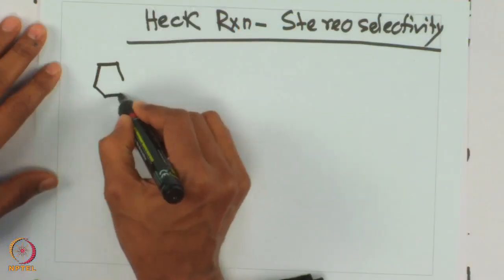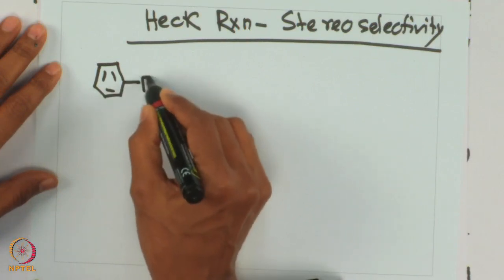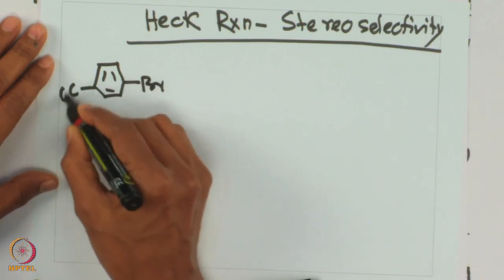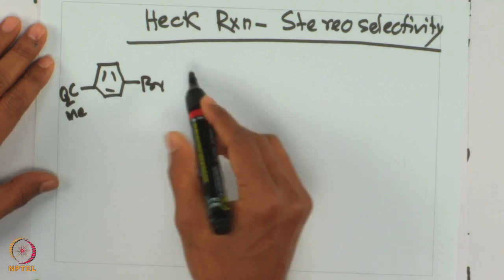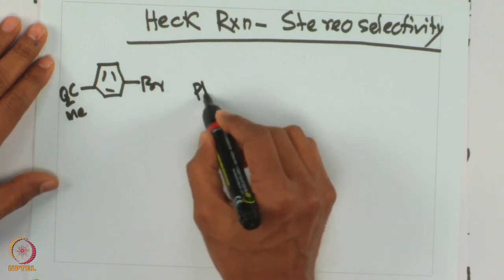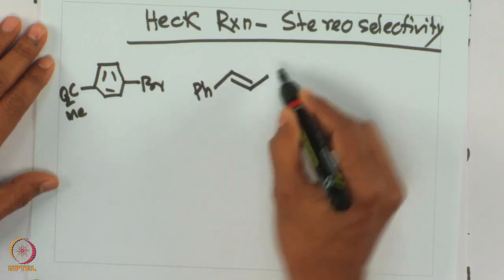Let us look at some real examples to get a feel for the stereoselectivity during Heck reactions. We will first discuss some aryl halides reacting with olefins. We are taking an aryl bromide along with CO2Me, an electron withdrawing or electron deficient one.